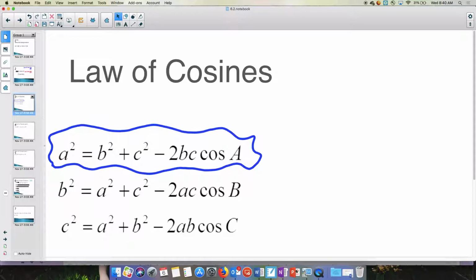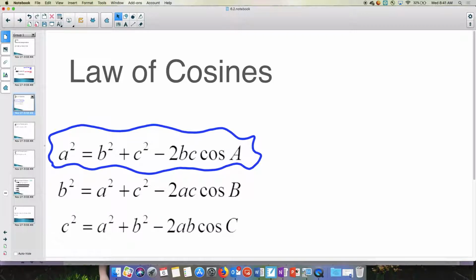Okay, so do you see how this is involving three sides?